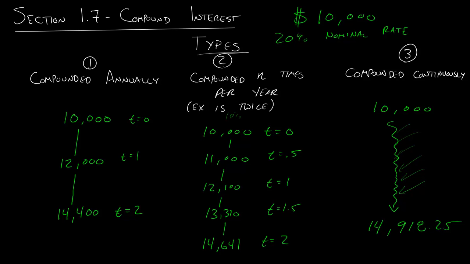And so the main reason we made this slide is so you can have a little bit of intuition for the 3 different ways these things work. And if we just take a moment to notice that getting from here to here, we were adding 20% of what we had before, but you can actually think of that as multiplying your original value by 1.2. And similarly, the jump from here to here, you can also think about it as multiplying by 1.2.